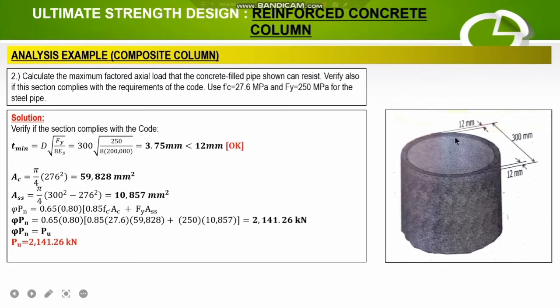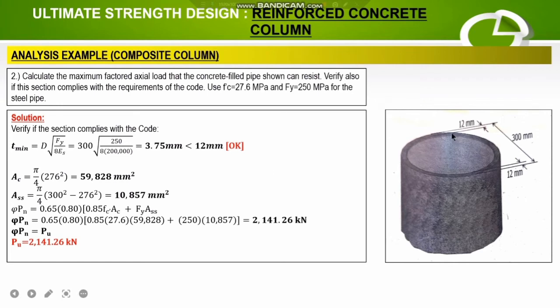The area of the concrete can be derived by simply subtracting from the diameter out to out 2 times the thickness of the structural steel shaped wall. So 300 minus 2 times 12 mm becomes 276. So area of the concrete is equal to pi over 4 times 276 squared, equals 59,828 mm squared.